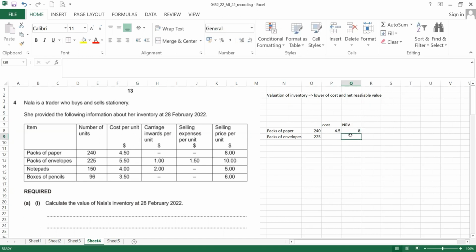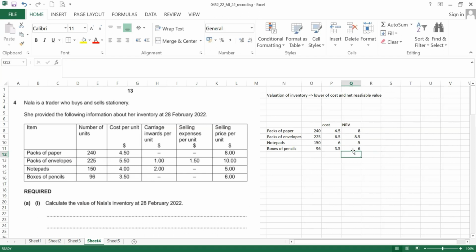This one is $8. This cost will be $6.50. This one will be 10 minus 1.5. Okay, then name tag. Name tag is 150. This one $6. This one $5. Okay, boxes of pencil. So this one is 96 plus 350.